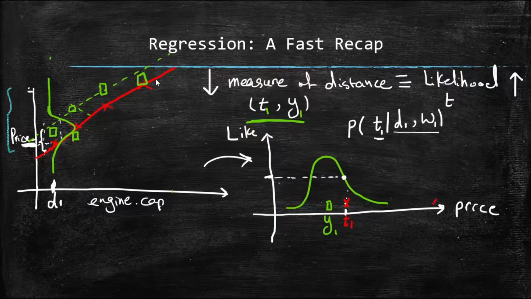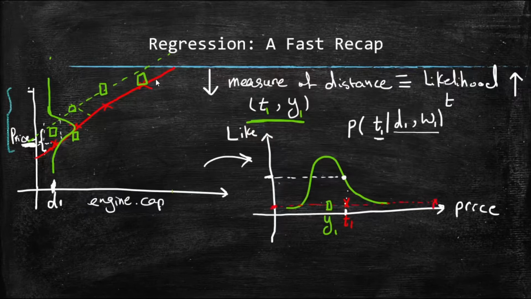The ground truth has always been there, but my point is, if the ground truth was much farther away from my prediction, and I were to measure the likelihood of that ground truth having been generated by this Gaussian, I would have gotten a number very close to here.